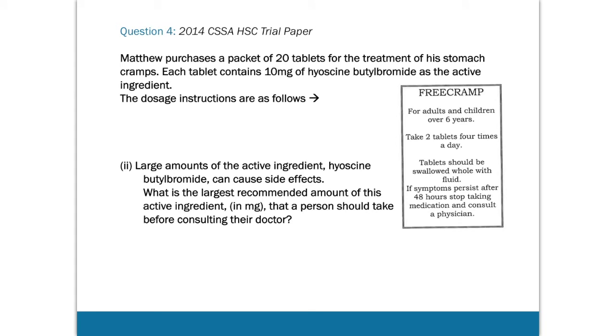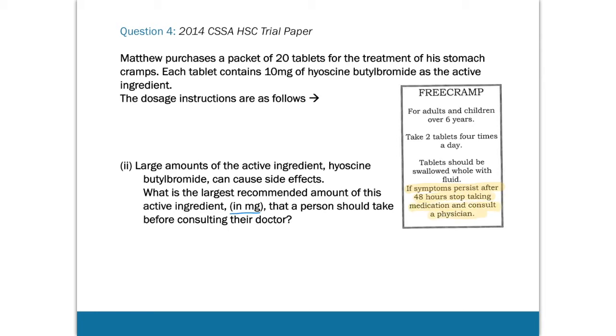Large amounts of the active ingredient, hyoscine butyl bromide, can cause side effects. What is the largest recommended amount of this active ingredient in milligrams that a person should take before consulting their doctor? So let's reread this part of our instructions. It says, if symptoms persist after 48 hours, stop taking medication and consult a physician.